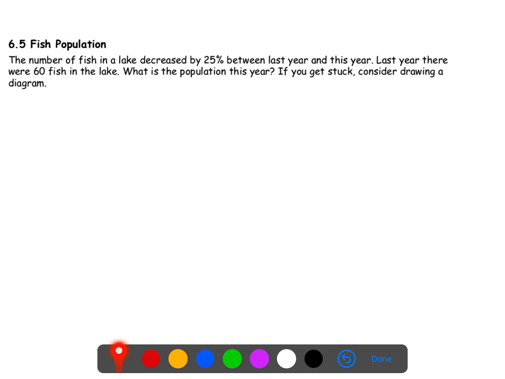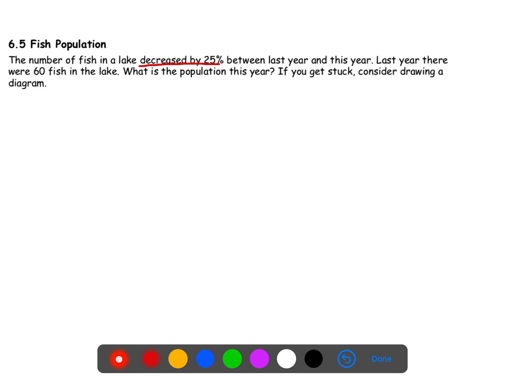For the next one, it says the number of fish in a lake decreased by 25% between last year and this year. Last year, there were 60 fish in the lake. What is the population this year? Now let's look back. It says consider drawing a diagram if you're stuck.